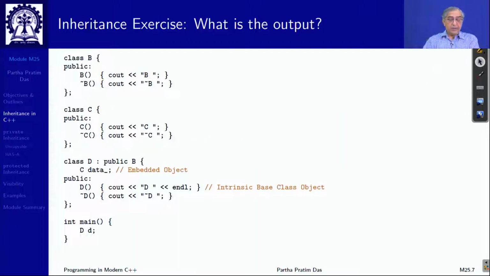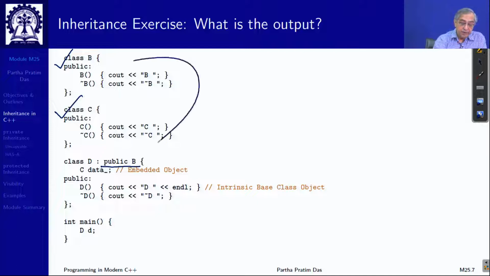This is what we have seen. Again, an example I am repeating just to illustrate the point: there is a class B, there is a class C, both of them are two independent classes. D is derived from B, it is a public inheritance.